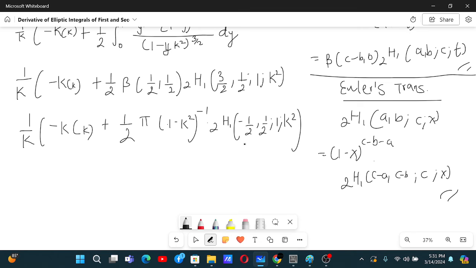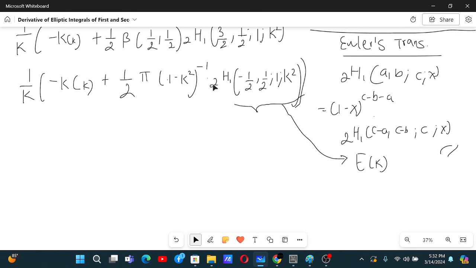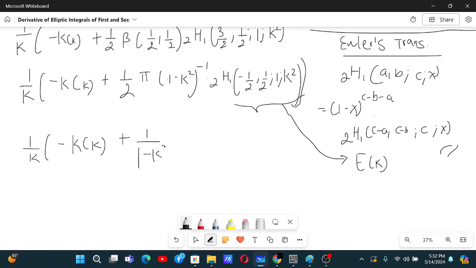Now you notice something. This is actually the definition of what? E of k, isn't it? In my previous video, I've already found the hypergeometric series for E of k. So this is the hypergeometric series for E of k. That's how we got an expression in terms of the known thing. So 1 by k, this is minus K of k plus 1 by 1 minus k square.